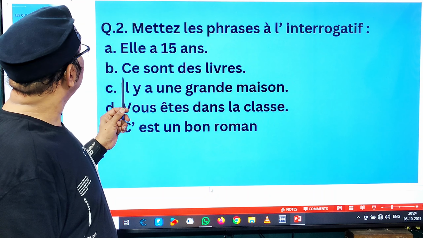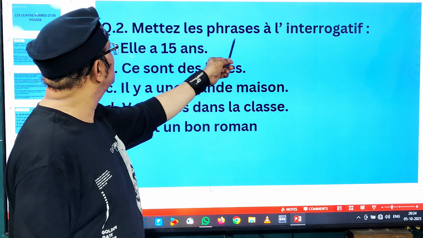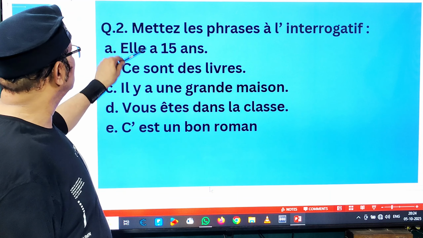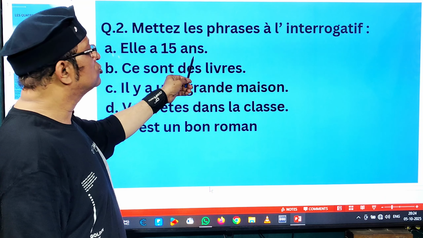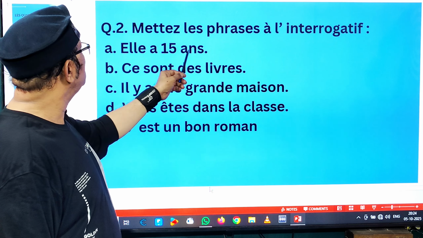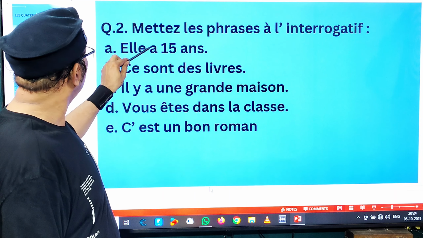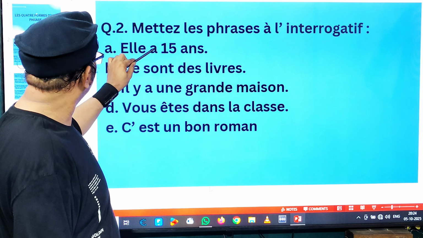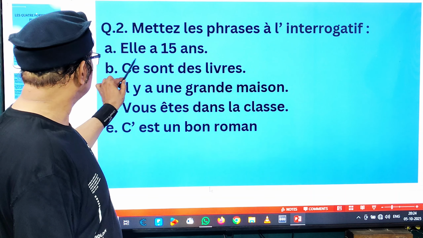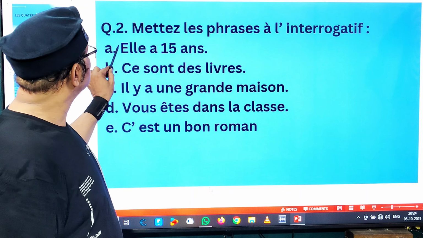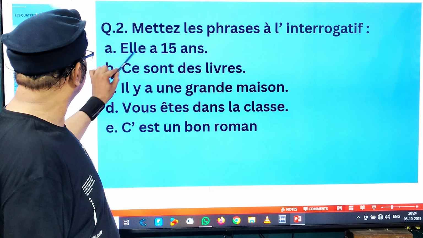Then, here you can see, mettez les phrases à l'interrogatif. You have to convert these sentences to interrogative form. Elle a 15 ans. She is 15 years old. What you have to do is invert the subject pronoun and the conjugated verb. This is the elle form. Now we are going to invert it.